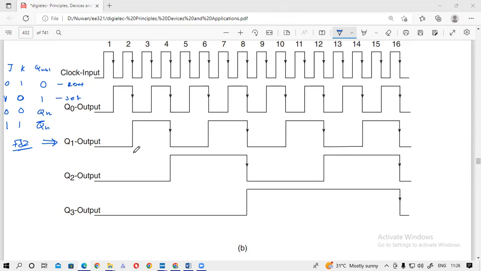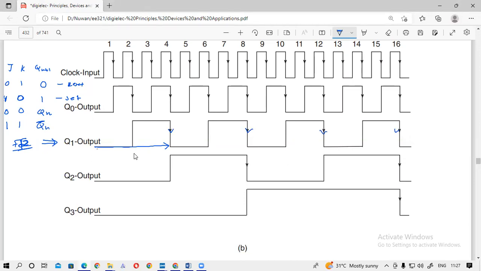So Q1 output is the clock input for FF2. From here up to here, there is no change at the output, because this is negative edge triggered. The change happens only at the negative edges, at these edges only.